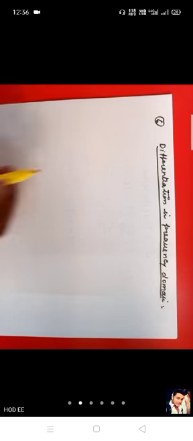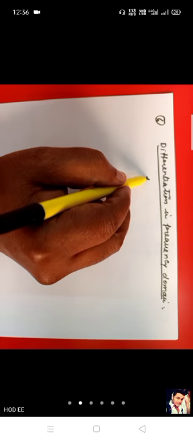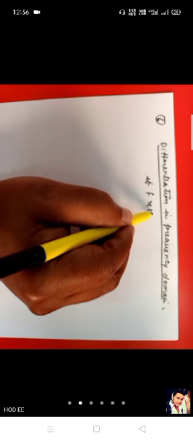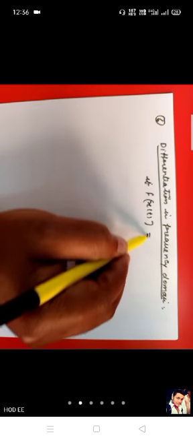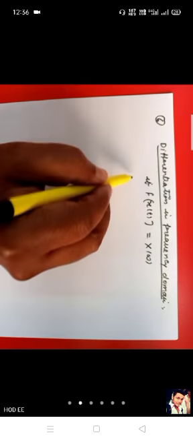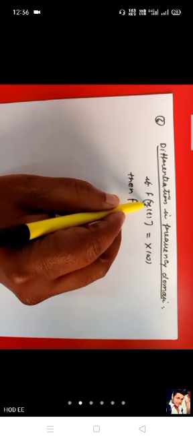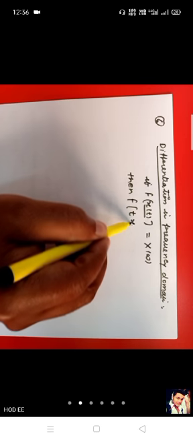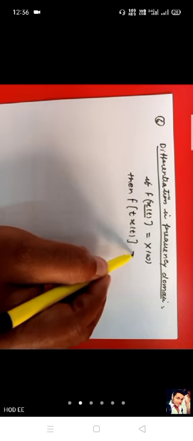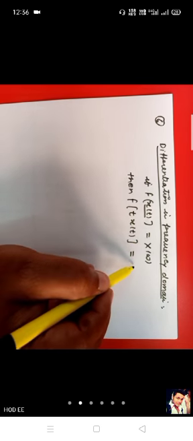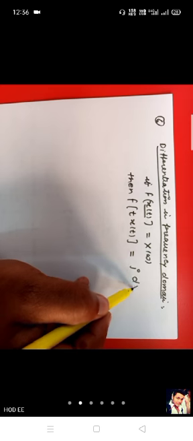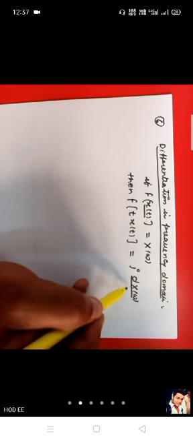फ्रीक्वेंसी डोमेन में. So according to this property, if Fourier transform of xt is equal to x omega, then Fourier transform of t xt will be equal to j d x omega upon d omega.